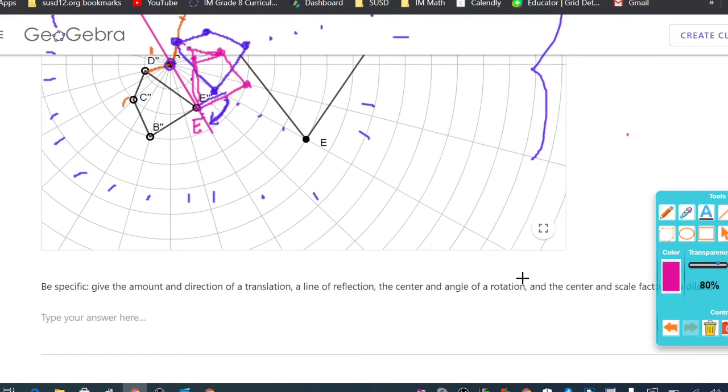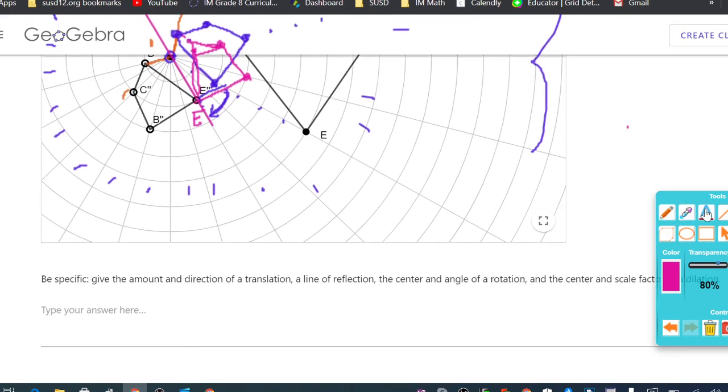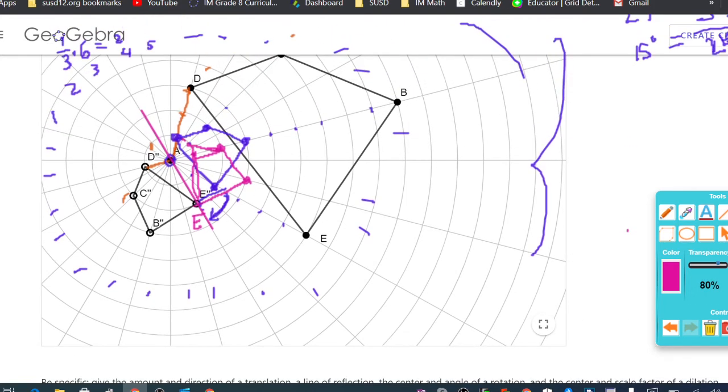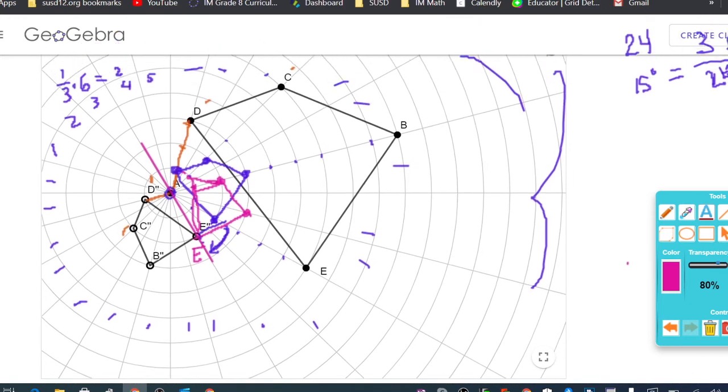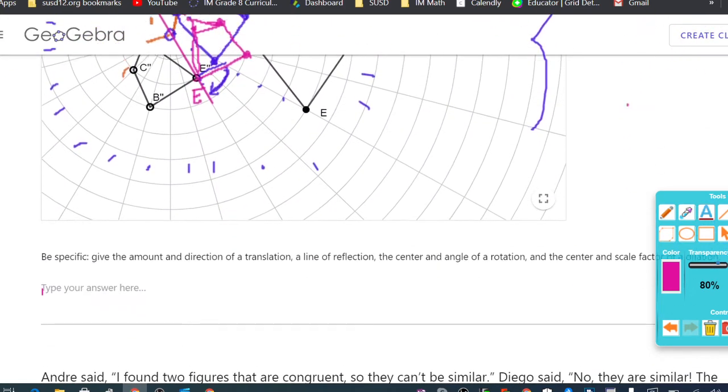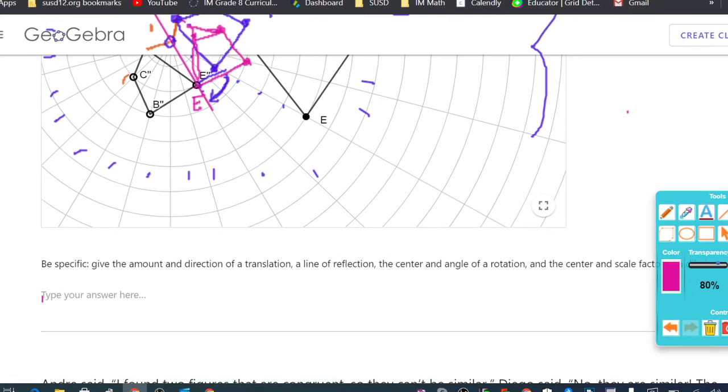Okay, you don't need to do that in your notes, but I'm really glad you followed along and you saw what I did. Type in your answer. What is the sequence of transformations that proves that the larger shape is similar to the smaller shape? Remember, dilations do not change the angles, they only change the lengths. So after a dilation, you get similar figures.